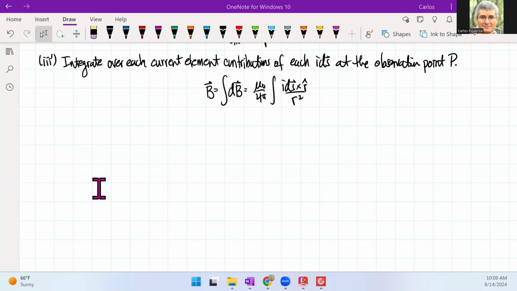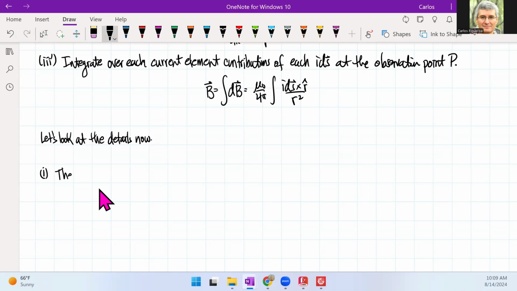Now I want to look at the details of this Biot Savart law. Let's look at the details now. And I could see three major points.